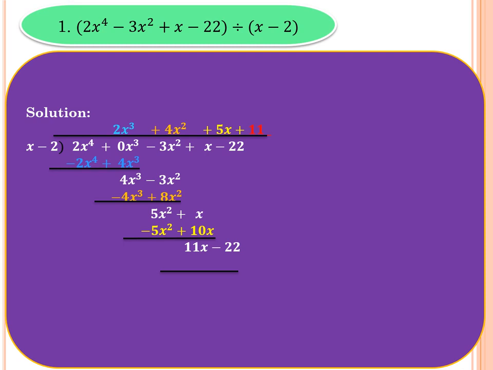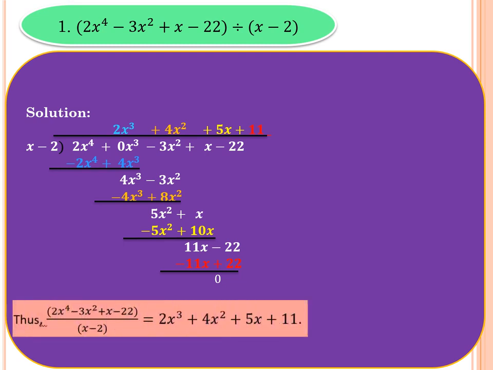That is positive 11x. Then, 11x times negative 2 would be negative 22. But since we change the sign of the subtrahend, it becomes negative 11x plus 22. And this is equal to 0.